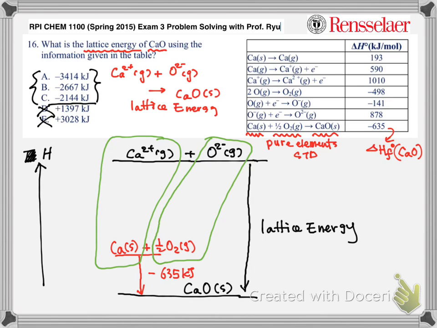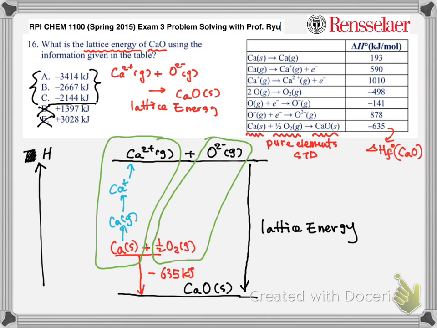So let me use the blue color for the calcium case. Calcium has to become calcium gas, which is a sublimation, and then it has to be ionized. It needs to lose electrons, going to calcium plus and then calcium 2+. As far as I know, this is a process where the energy goes up.